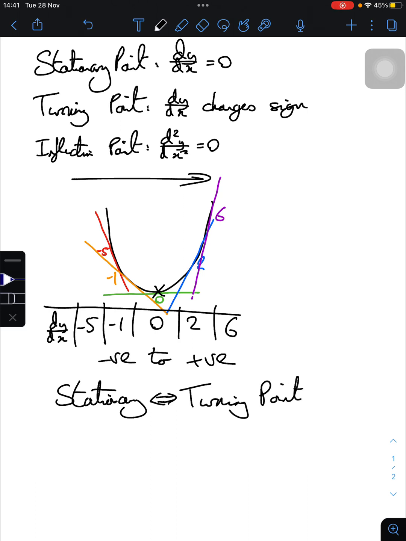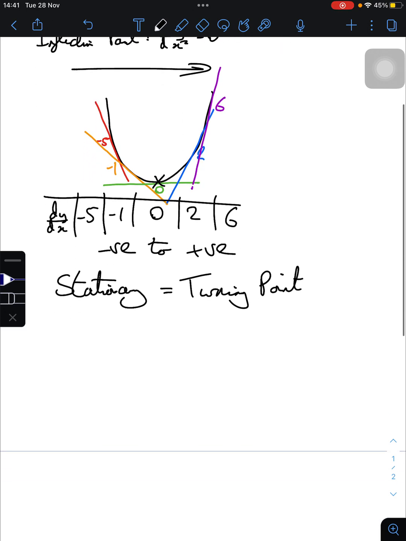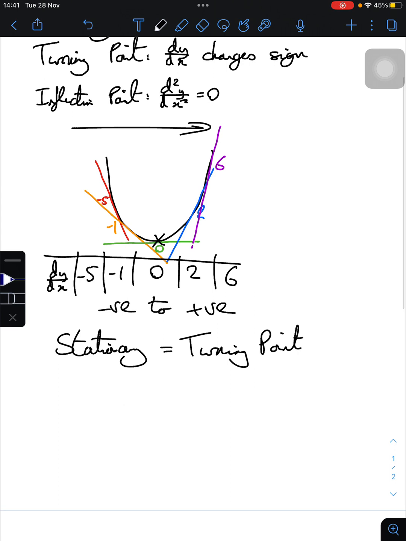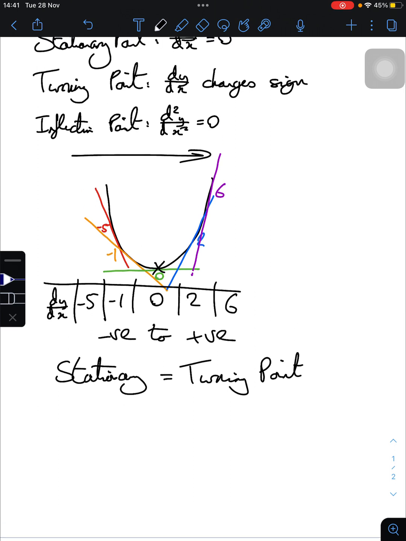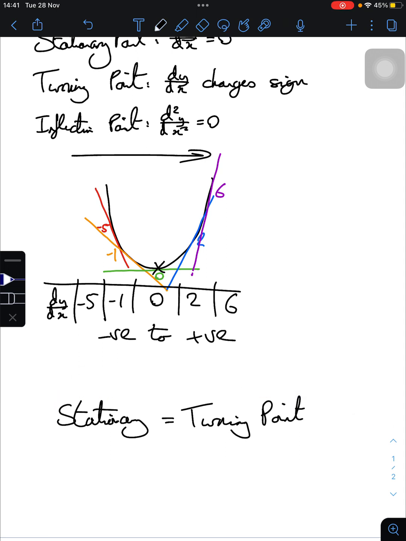Yeah? Or they both equal each other at this point. And by the way, since this goes from negative to positive and it's increasing the whole time, we do not have an inflection point, and also the gradient is increasing.